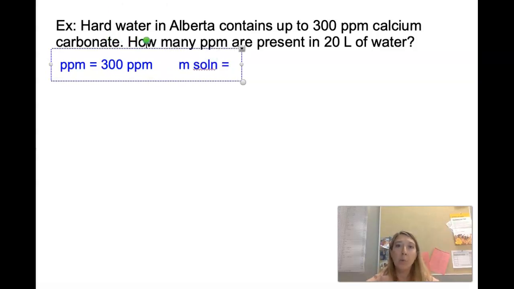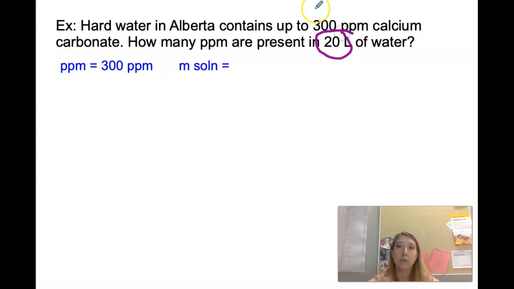This is an important thing to recognize. You'll notice this gave me 20 liters. One of the things you need to make sure you are aware of when we are in the solutions unit is that 1 milliliter of water is equal to 1 gram. So if I have 20 liters, that's the same as saying I have 20,000 milliliters, which is the same as saying that I have 20,000 grams.